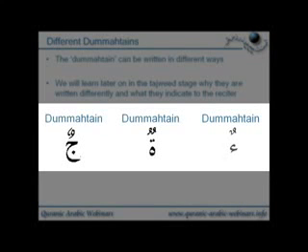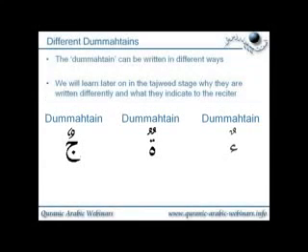Here we have three different letters, but they're all carrying dhammatain, and you'll see these in the Arabic Quranic script, depending whether you're looking at Uthmani or Majidi. Essentially the way it's written will indicate to you some Tajweed rules and how you pronounce the sound of the Tanween itself, and we have to cover a lot of more advanced rules later on in the Tajweed stage before you understand it.